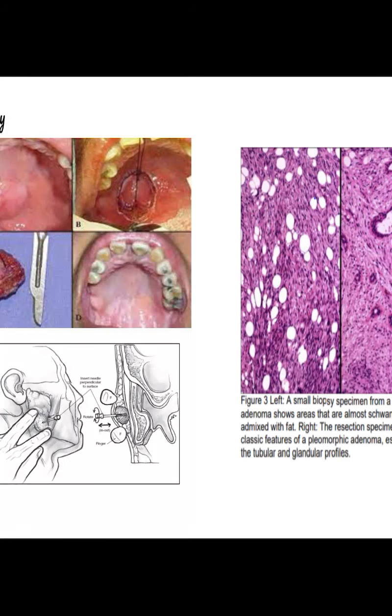As well, we have core biopsy or fine needle biopsy. In this case, we have the histology of the biopsies. We can see the classical features of pleomorphic adenoma, with tubules and glands found in the biopsies, and the white circles are fat.